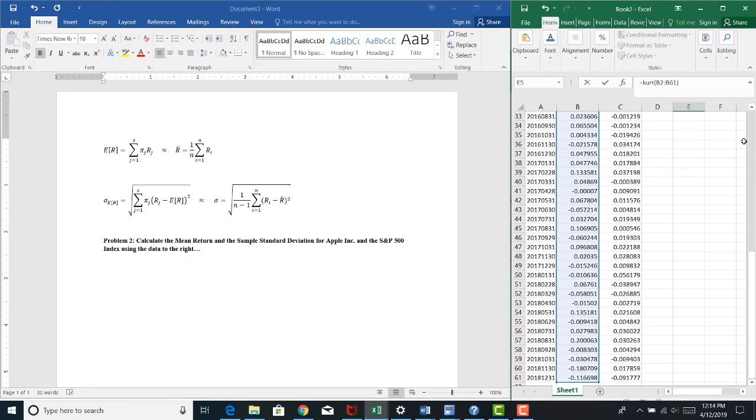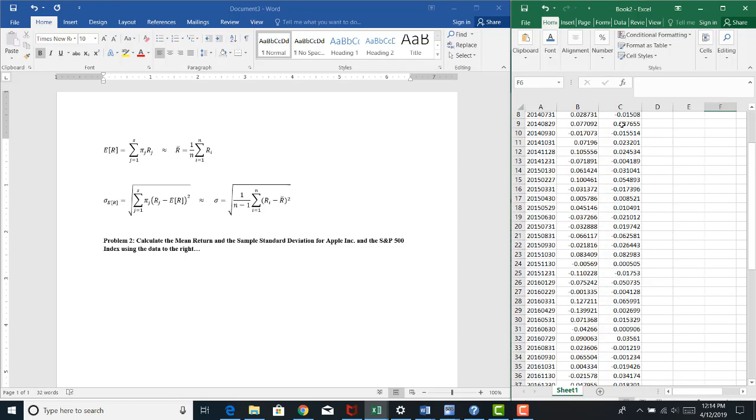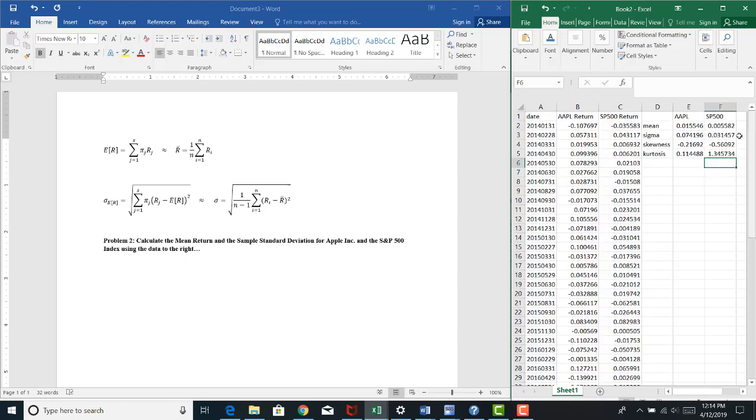Highlight the series of returns, and I get a kurtosis of 0.1145. It's pretty close to 0. So it looks like the thickness of the tails in Apple's return distribution is fairly normal. For the S&P 500, you see I get much more kurtosis.